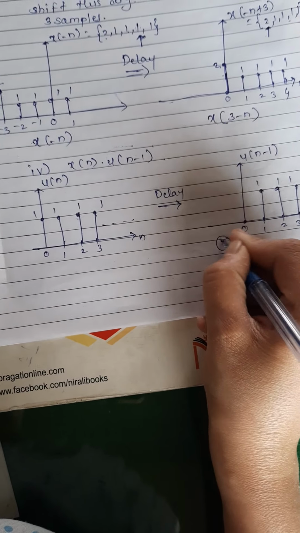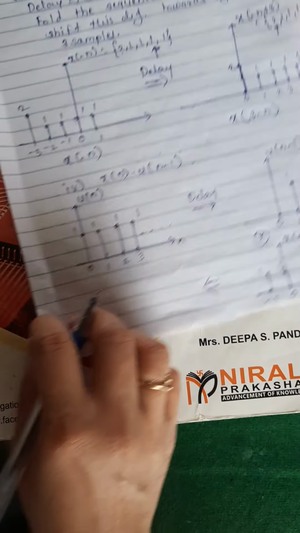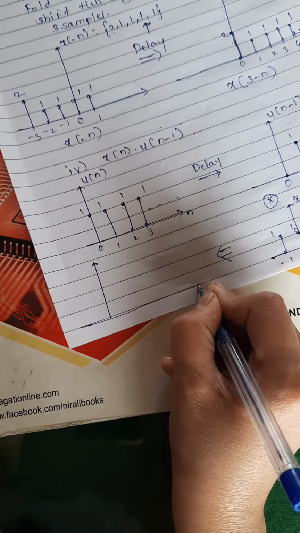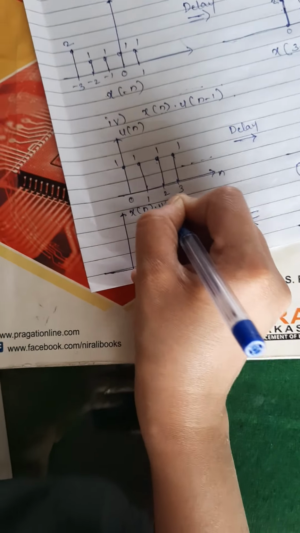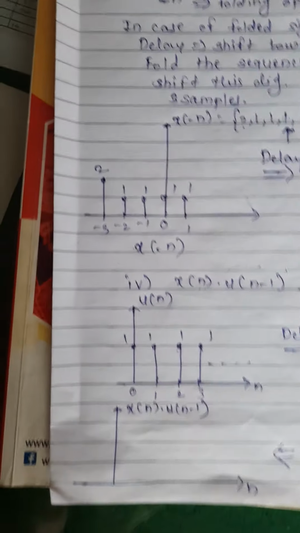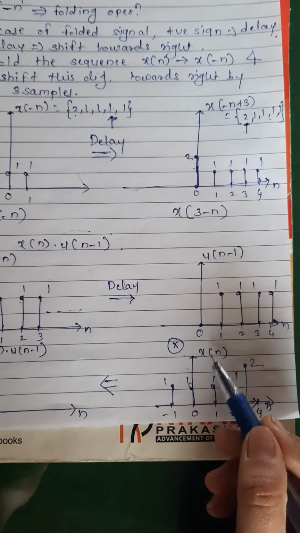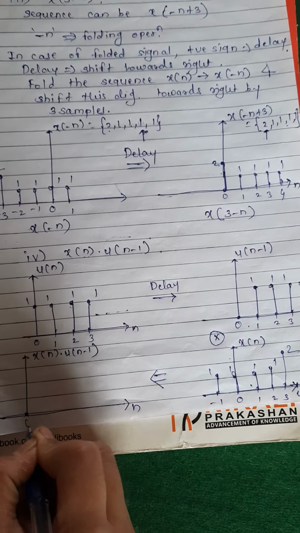So this is the multiplication of both these signals, and we get x of n into u of n minus 1. For 0 it is 0 into 1, so we get 0.